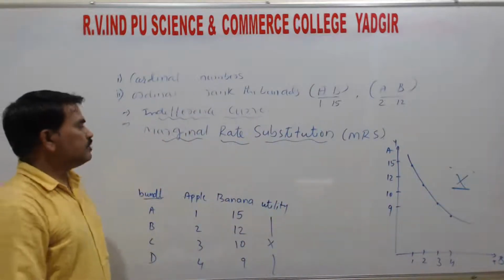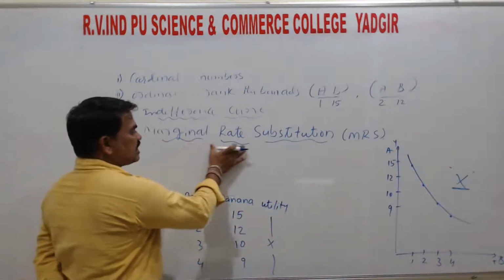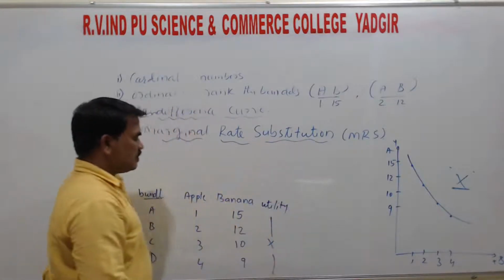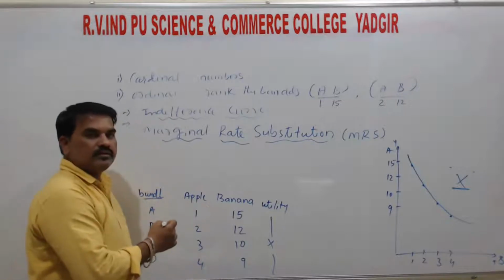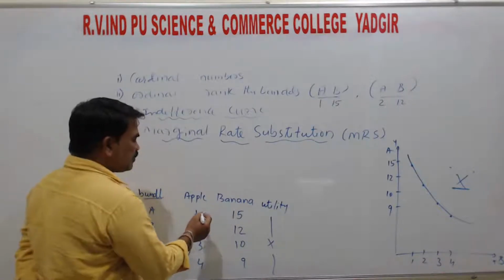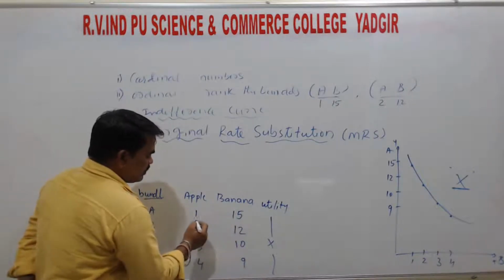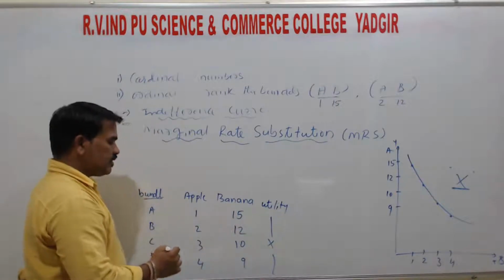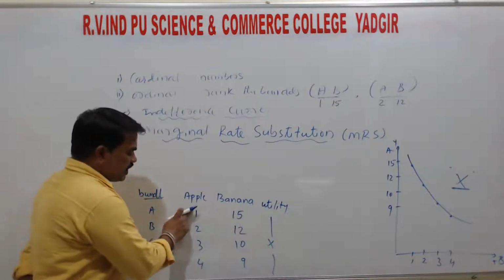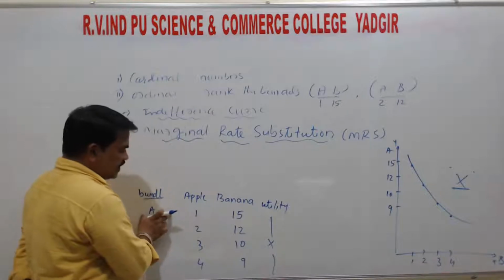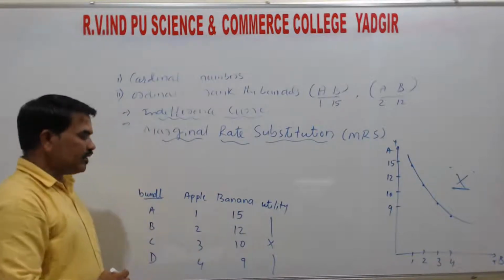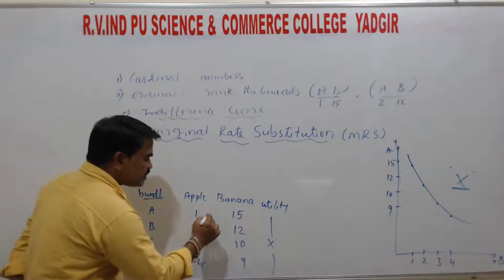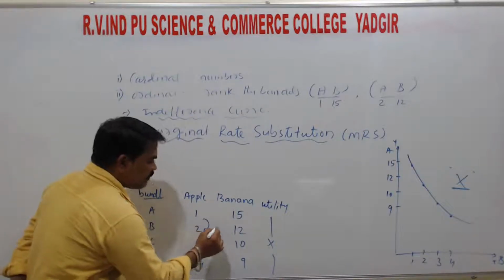So when we say marginal rate of substitution, it means that the consumer is substituting apple for banana. He was consuming in this bundle 1 apple, 15 bananas, correct? So now he wants to substitute apple for banana.